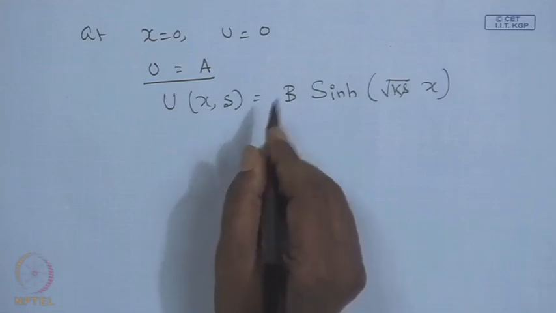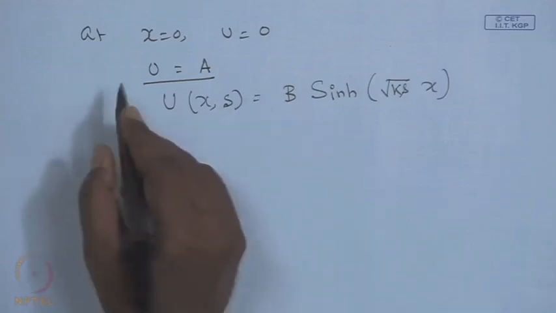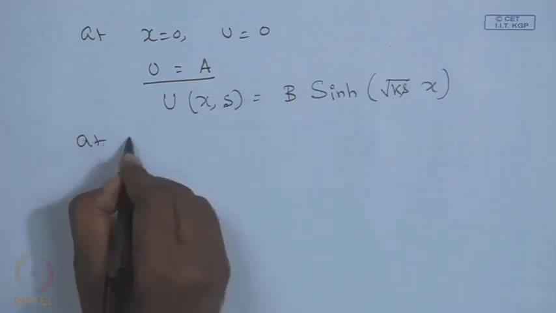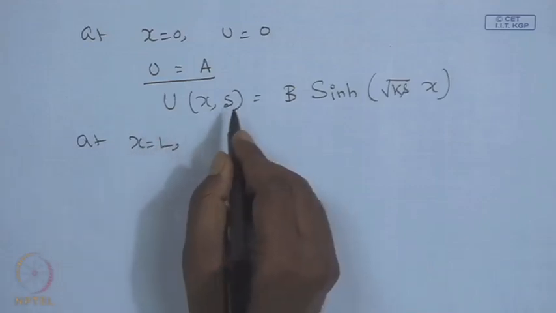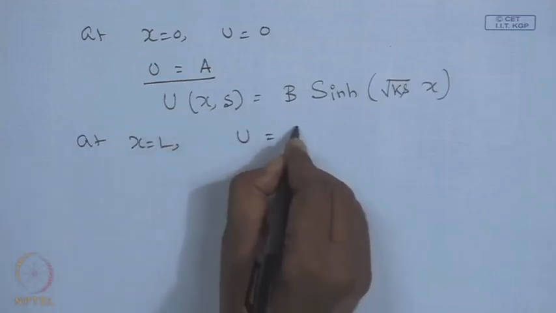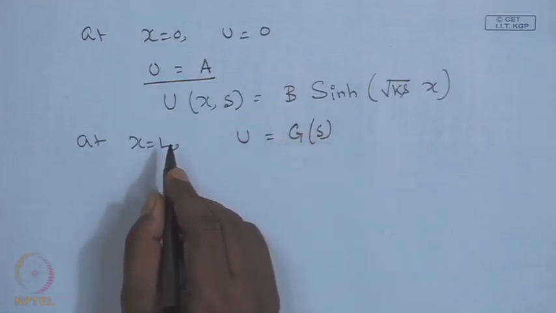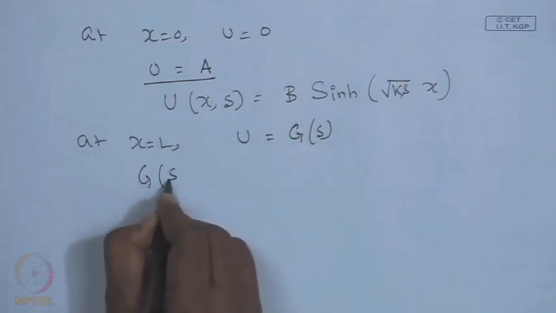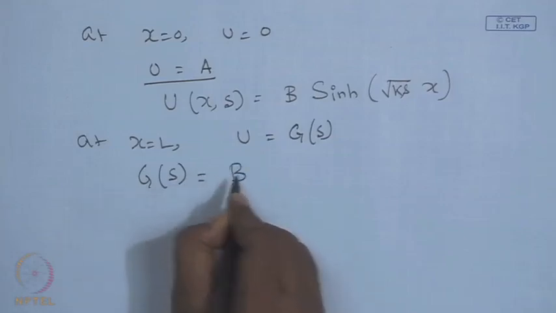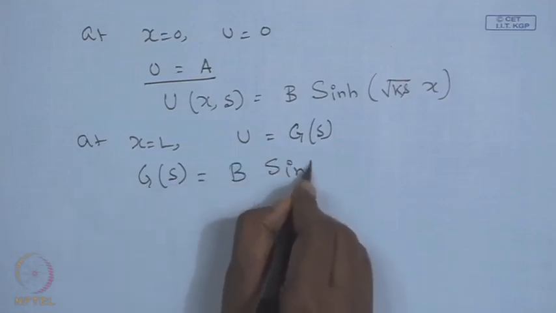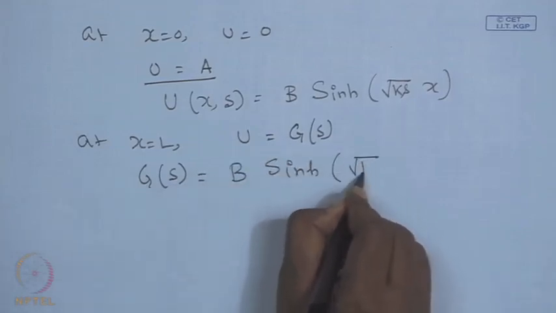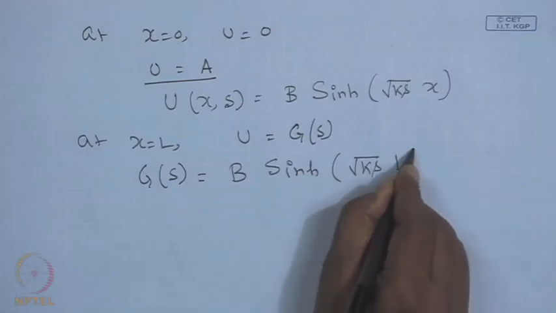Now, we put the other boundary condition, at x is equal to L, U is equal to g of s. Therefore, g of s is nothing but b sine hyperbolic root over k s times L.